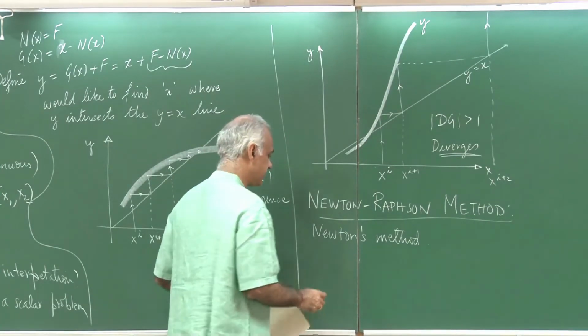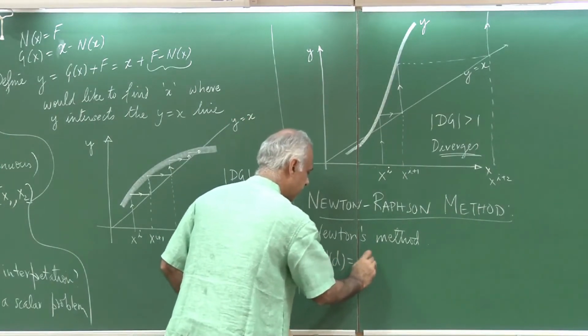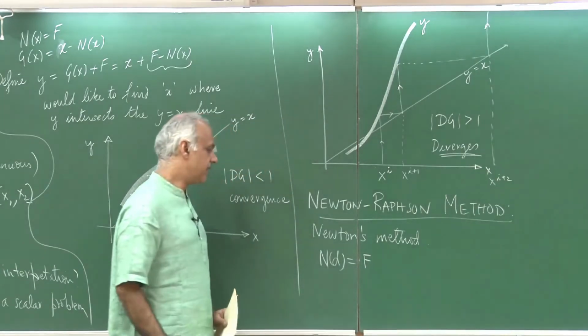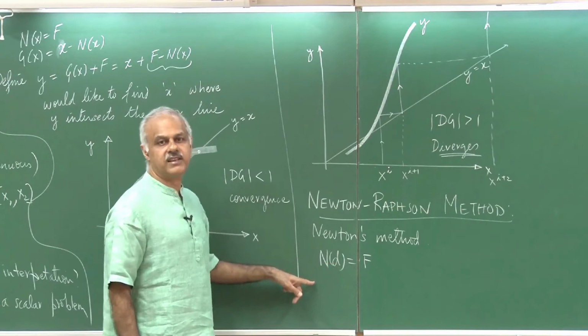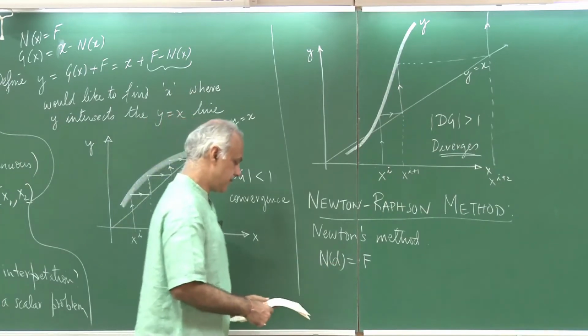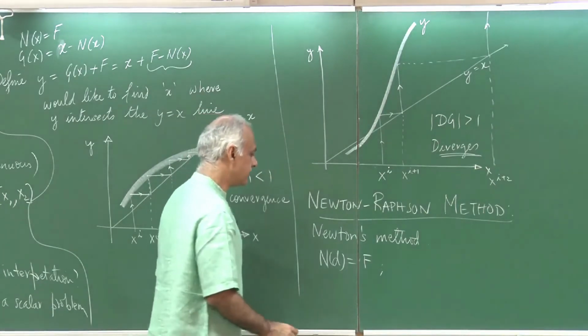vector problem. So let's say our model problem is N(d) equal to f, and we are trying to find the d which satisfies this equation. So let's put this in the increment form.